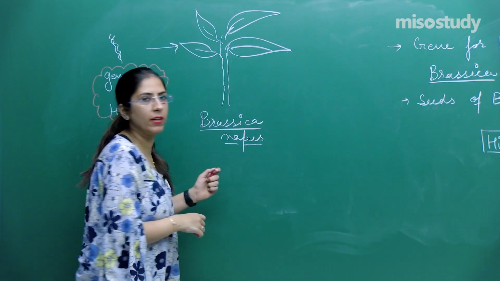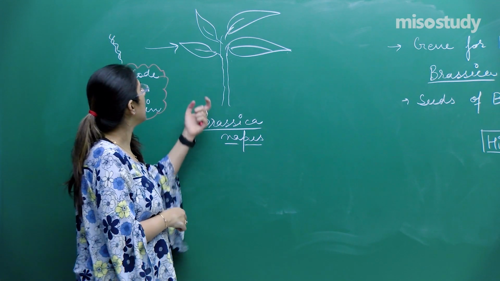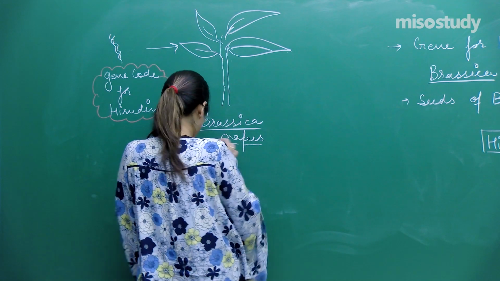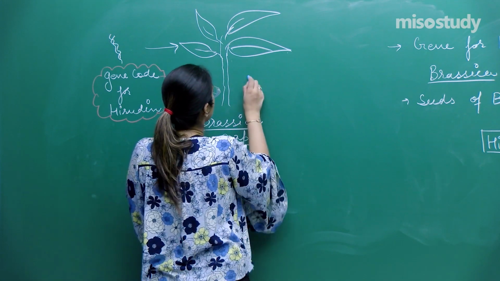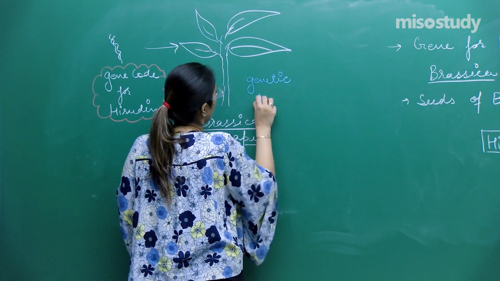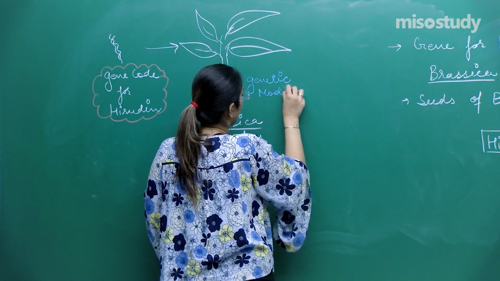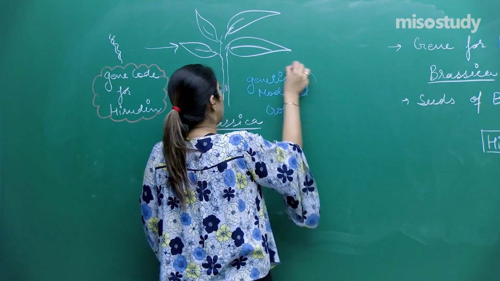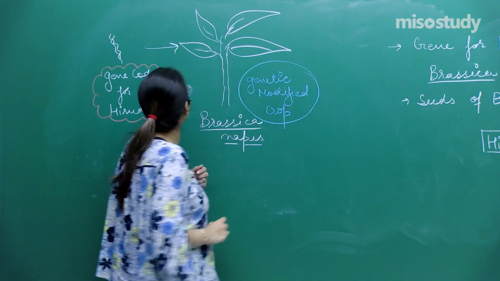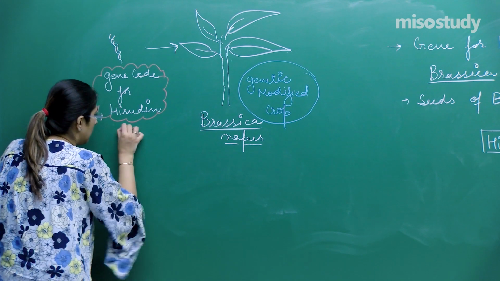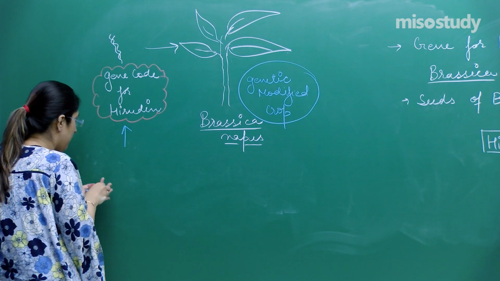Because it is a scientific name, students, I am underlining this. And this GMO, that was a genetically modified crop. The gene which codes for hirudin was taken out from where?